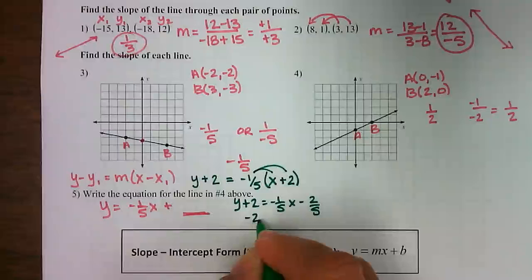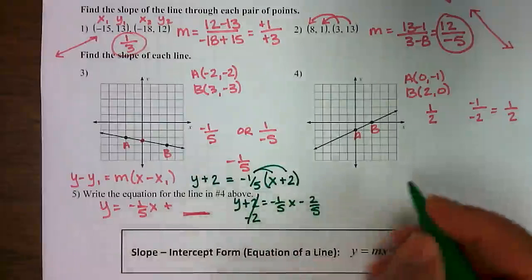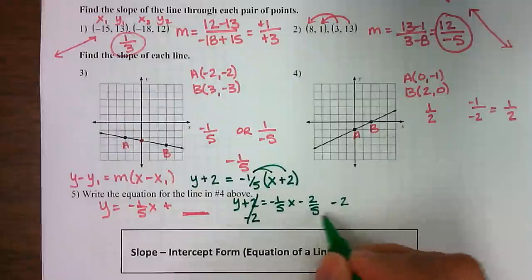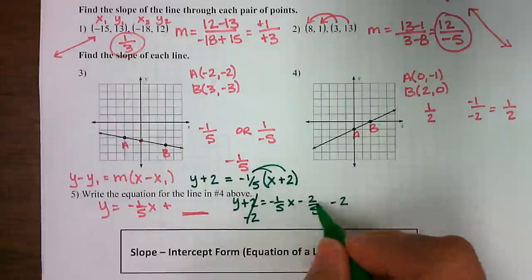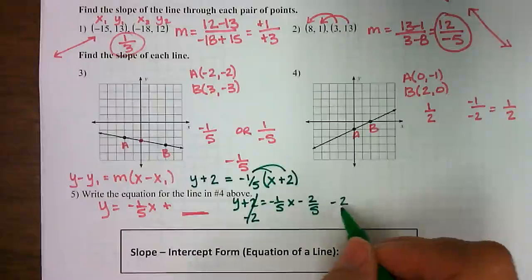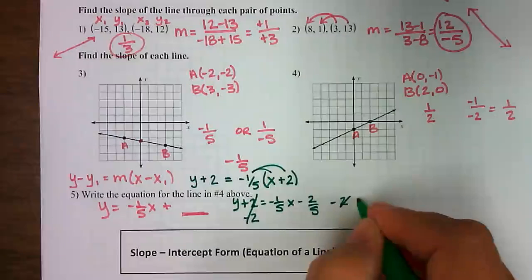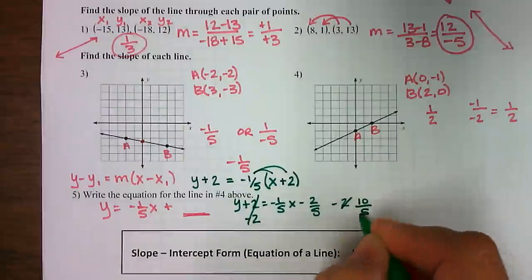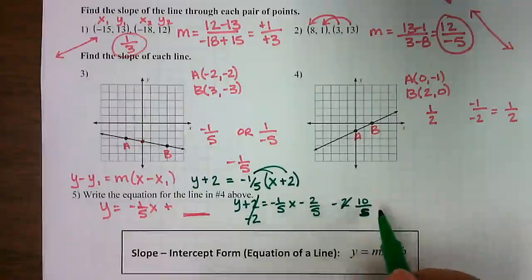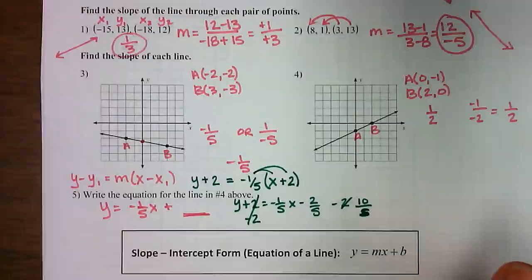And when I subtract 2 from this side, it just cancels out. But when I subtract 2 from this side, well, it's hard because I have to have a common denominator. What is -2/5 minus 2? Well, in terms of fifths, this would be 10/5, right? So I'm going to change that to 10/5 so that I have a common denominator. And now I'm doing -2/5 minus 10/5, which is -12/5.